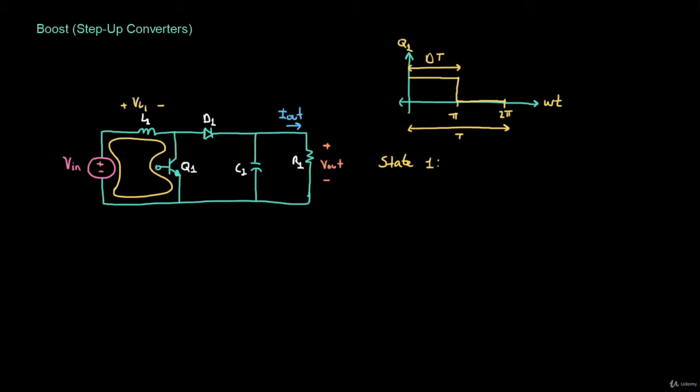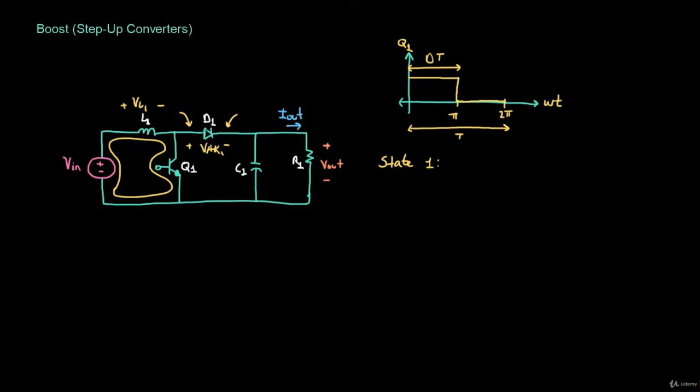Then we're going to call the voltage across diode D1 VAK1. Remember that we've said that for the boost converter, the output voltage is going to be greater than the input voltage. So we know that the voltage right here at this point, which would be the same as the output voltage, is going to be greater than the voltage at this point right here, right?